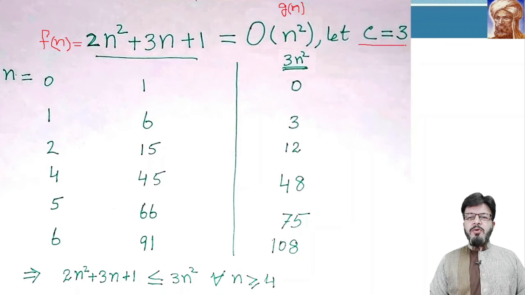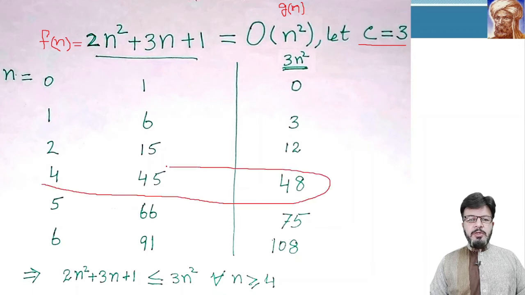If we take the value of constant c equal to 3, then it becomes 3n square. Now we will put the values of n from 0 to 6. For 0, this function is 1 and this function is 0. When we put various values, we get these values for this function and these values for this function.